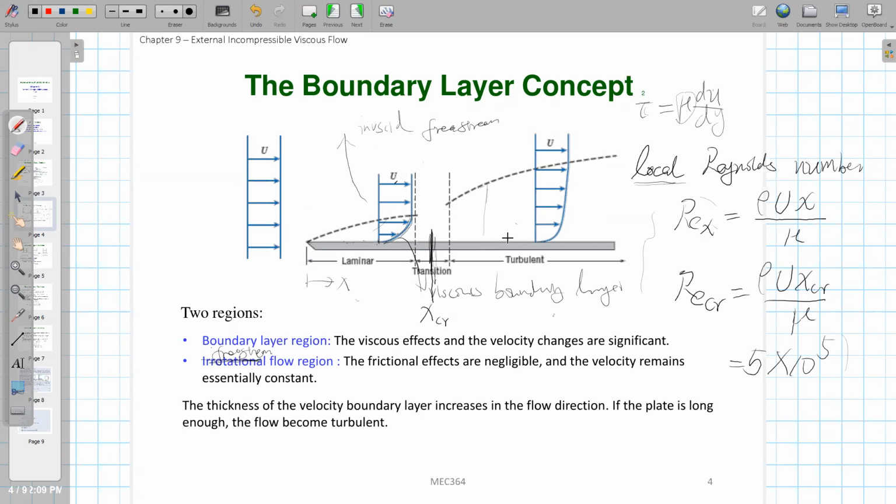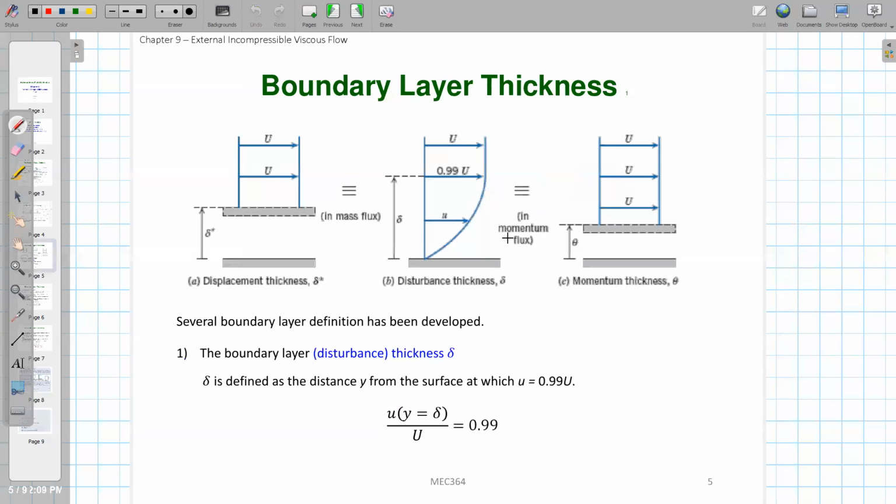How do we know that? This requires us to give a definition of the boundary layer thickness. How do we define at which position we distinguish between the flow inside the boundary layer and outside the boundary layer?